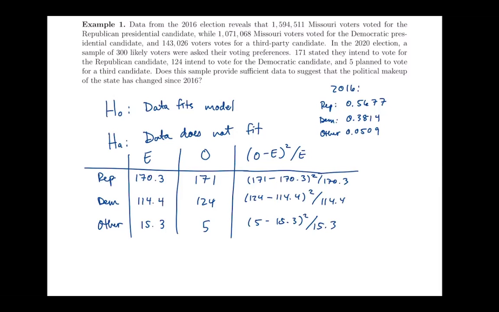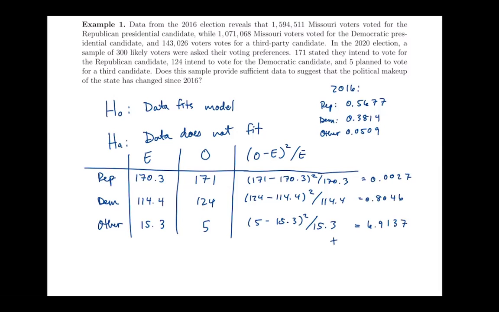We need to write down our observed numbers here. This will just take a second to plug into a calculator, but when we add all of these up, we end up with 0.0027, and I'm just going to go to 4 decimal places, then 0.8046, and then 6.9137.